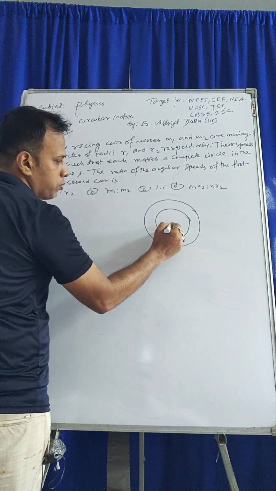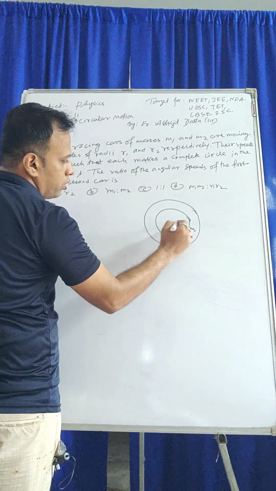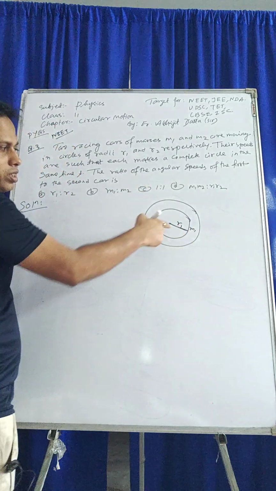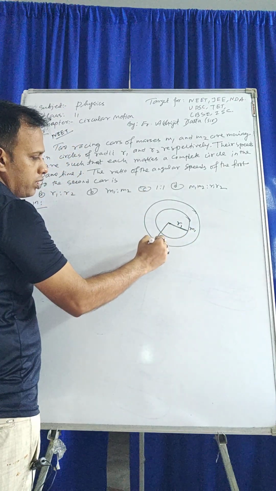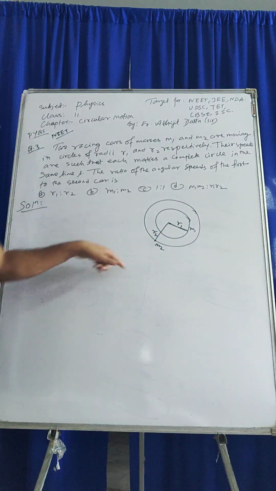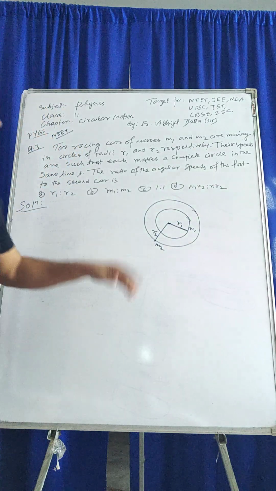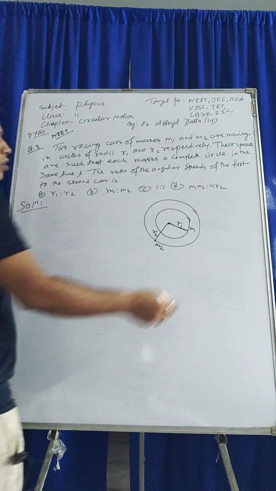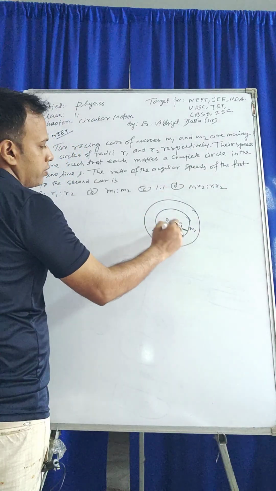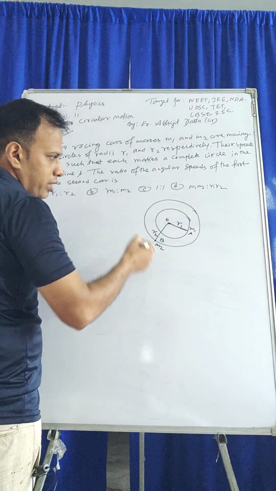So let me try to draw this for more clarity. Suppose this one is one car of mass m1 moving in a circular path with radius r1, and this one is another car of mass m2 moving in a circular path with radius r2. Their motion is such that they make a complete revolution.